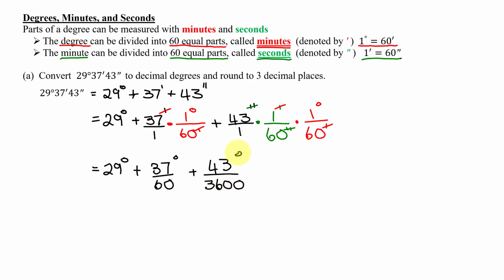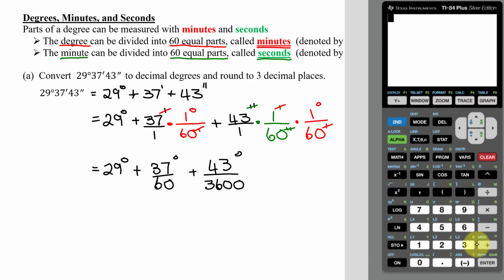That is also in degrees. So now all I have to do is put this into a calculator and figure out what it equals. So I'm going to put the video on pause. Here is my calculator, a TI-84 Plus Silver Edition. And now I just need to figure out what this expression equals.